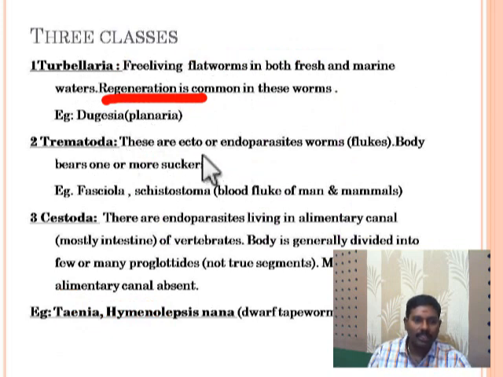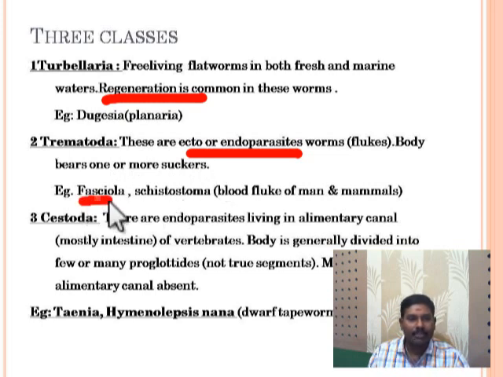Trematoda, this is a parasite. Either it can be an endo or ectoparasite. Flukes. Body bears one or more suckers. Suckers will help to get the food from the host. Here there is an example, Fasciola hepatica, liver fluke.